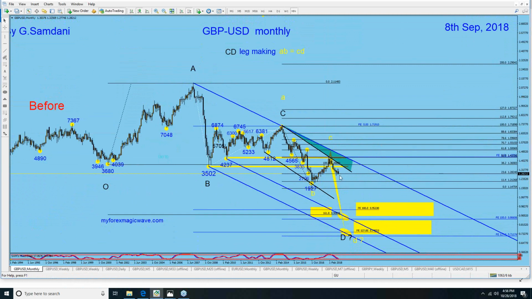What is going to happen? Either my prediction about the USD will come true, and USD will start dropping the way it already started dropping last week, and if it gains momentum to the downside, then this pair is not going to come down, it's going to go up, and this 23% line will start to work out.